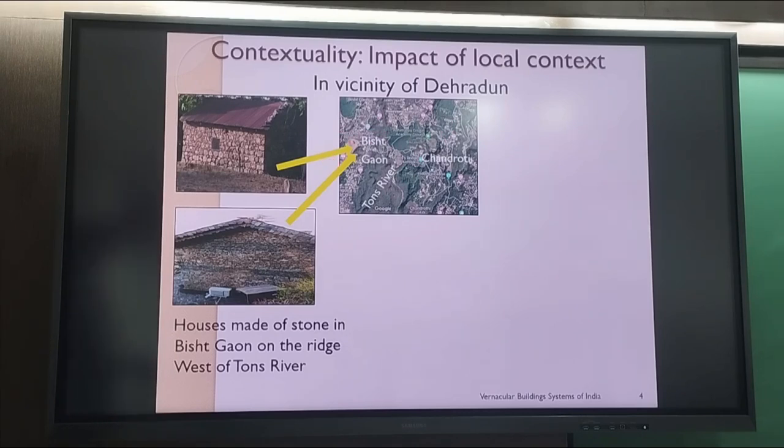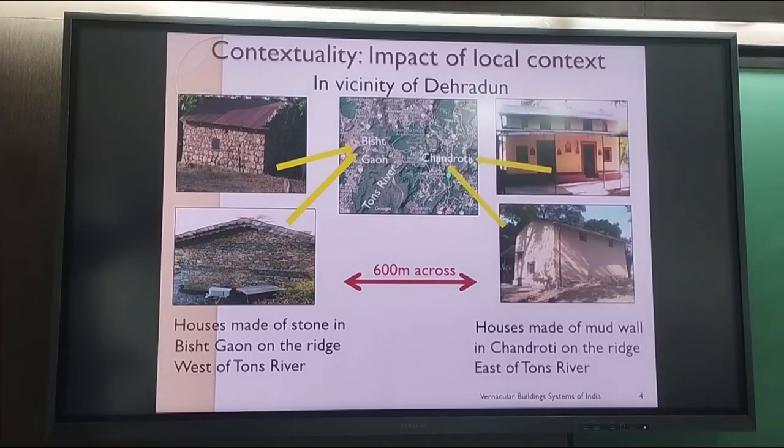And all the houses historically in Bishgaon have been made of stone. And you just go across the river to Chandrauti, barely a little more than half a kilometer across, and all the houses historically were made of mud. This is contextuality. Because I think there the stone must have been so easily available.